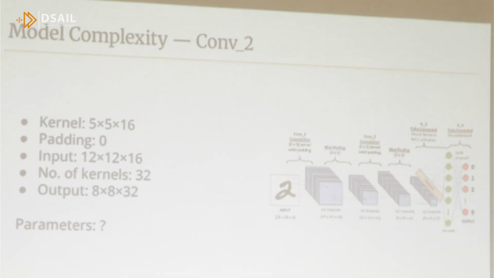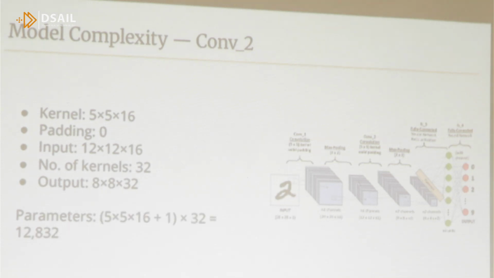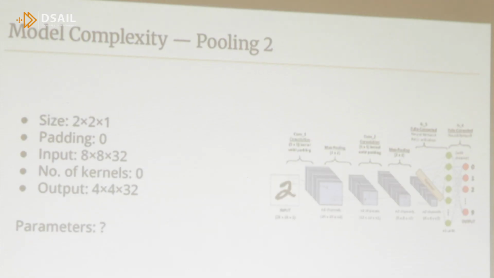And then what is the number of kernels? 32. So 401 times 32 gives us 12,832. And then pooling layer 2, how many do we learn there? 0 altogether. So parameters are 0 there.